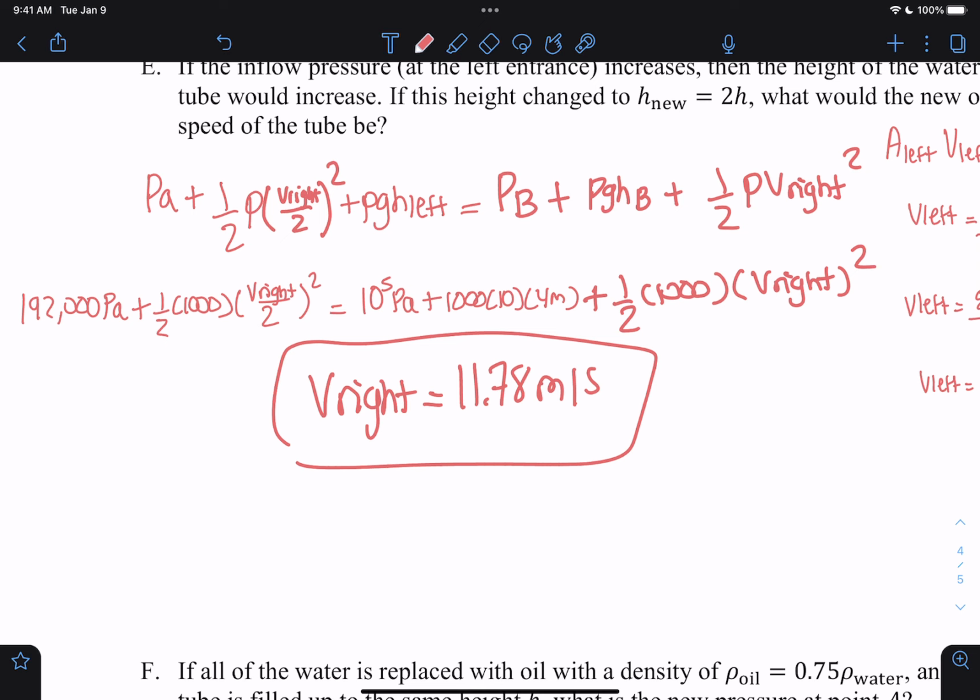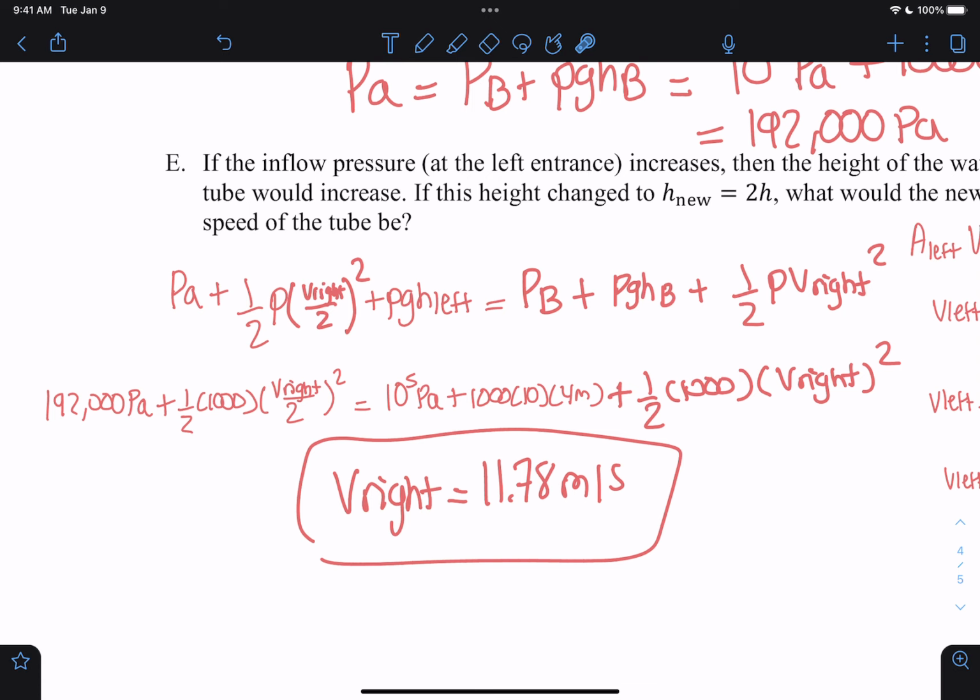Takes quite a bit of mathematical manipulation for these types of problems, but this is the key step. If you can figure this part out, make sure there's a relationship between these values, right? Because you can kind of work backwards too. If you have this whole big equation and you see half rho v left squared, and you have v right, you want to figure out v right.